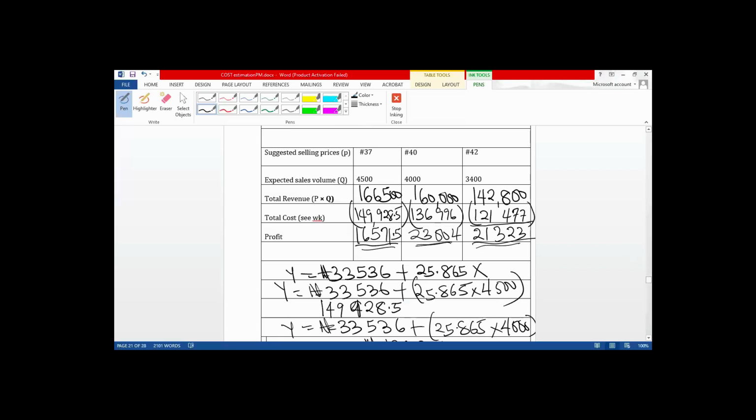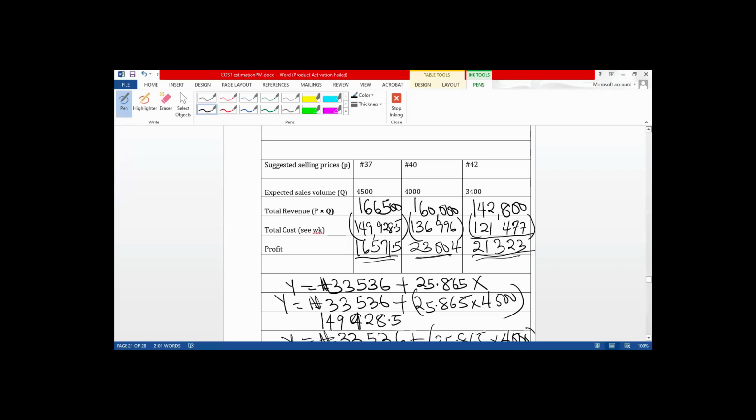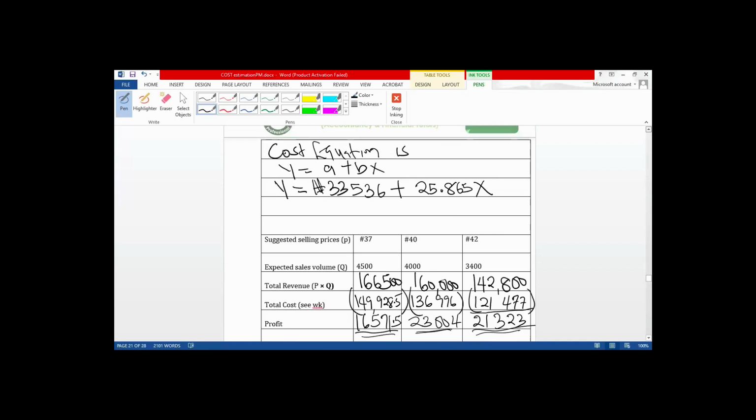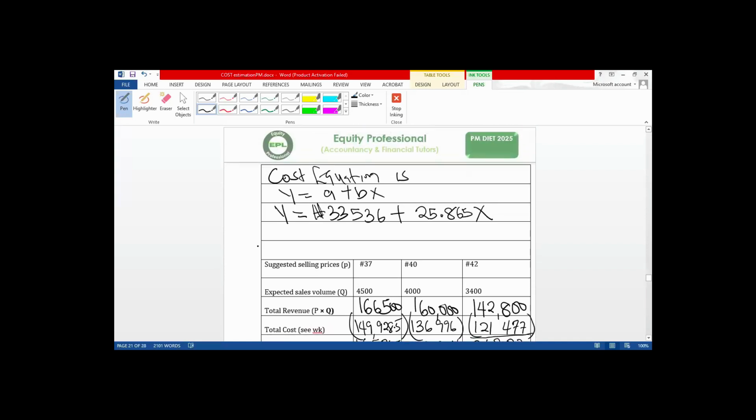So once you get your figures for A and B, just come and substitute them here.